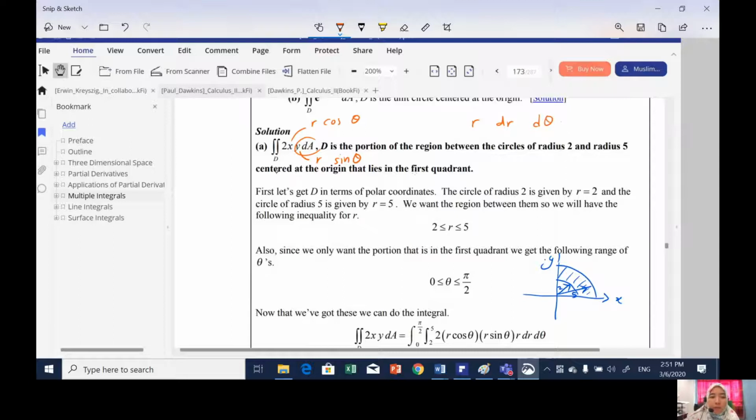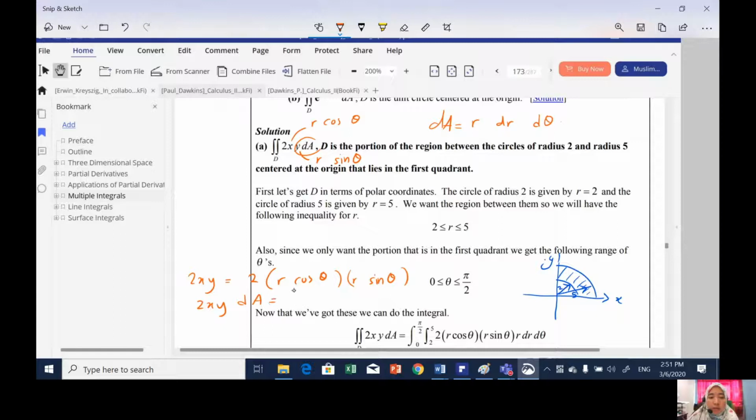So where we convert this, we have 2xy, so x is changed to r cos theta and y is r sin theta. Then we have dA, which is equal to r dr d theta.